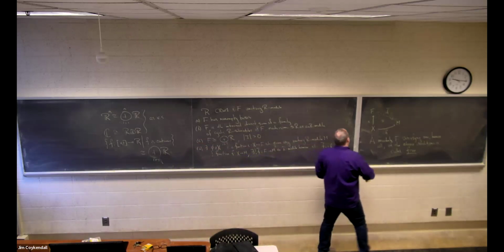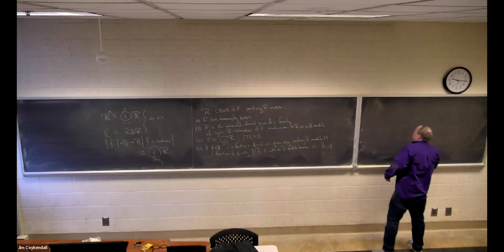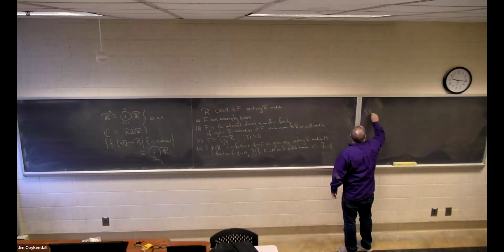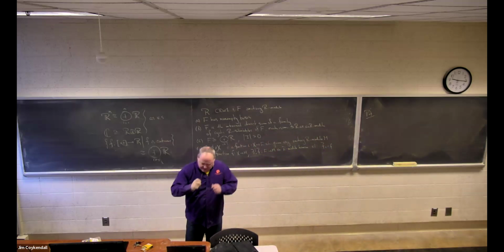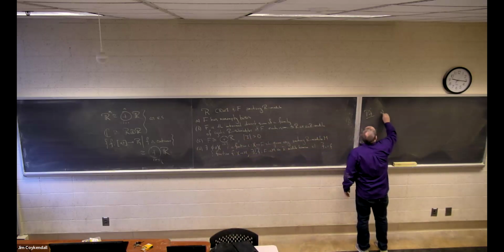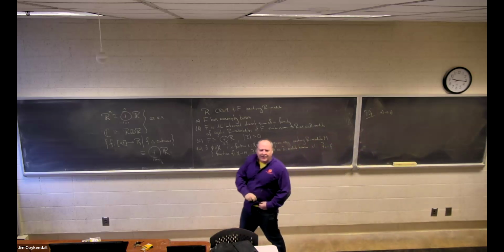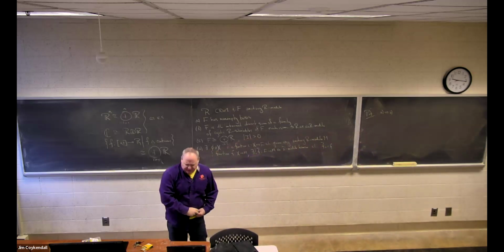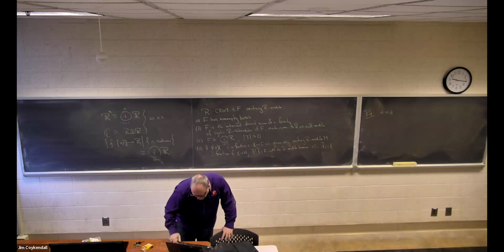Let's prove this. So let's first do A implies B. So what do we have? We have a non-empty basis. We want to show that it's an internal direct sum. I think I know where we're going on this one.